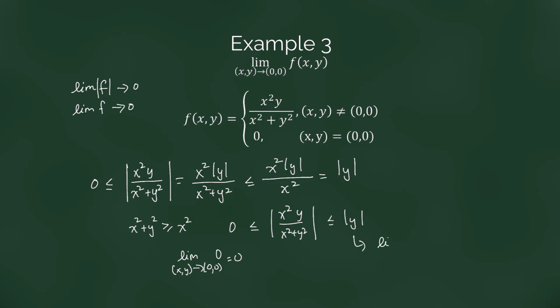We also know that the limit as xy approaches 0, 0 of the absolute value of y must be 0, which means by the squeeze theorem, which we've seen in one variable calculus, the limit as xy goes to 0, 0 of this middle expression must also equal 0. So this limit is 0 by the squeeze theorem, and we have successfully calculated it.